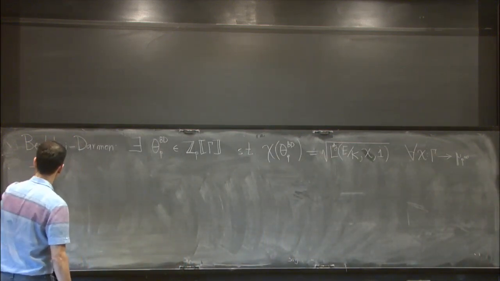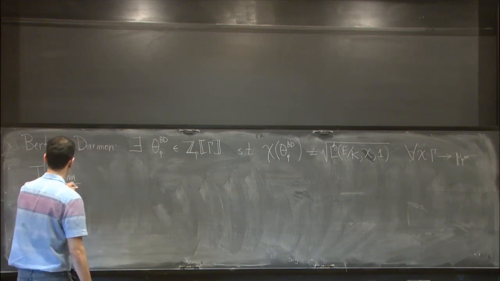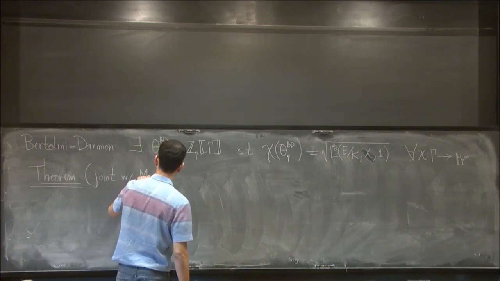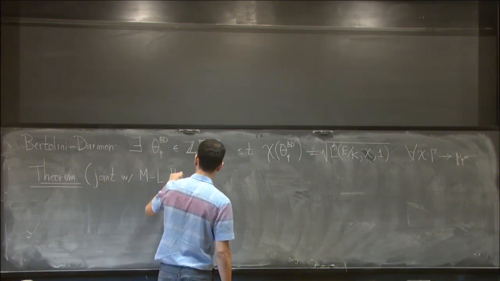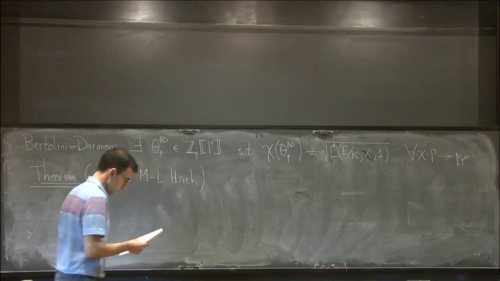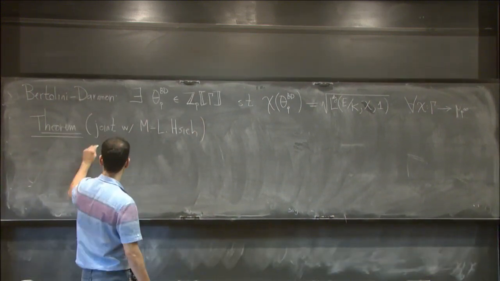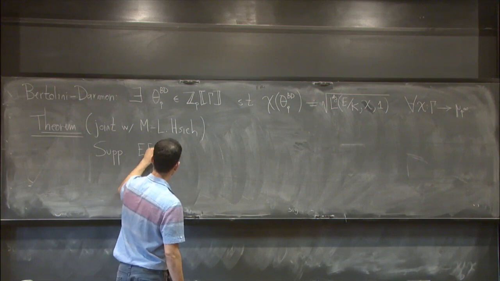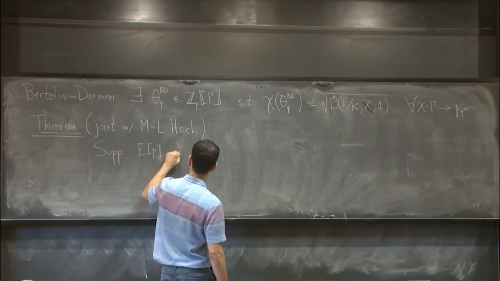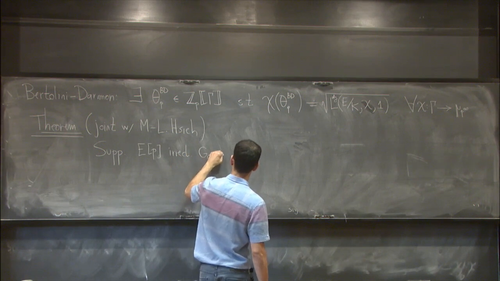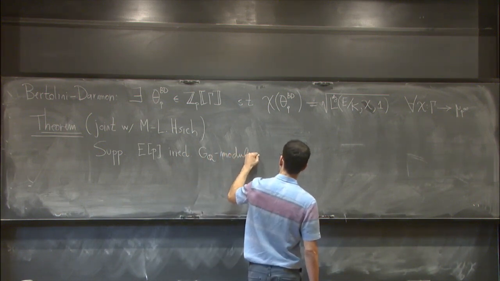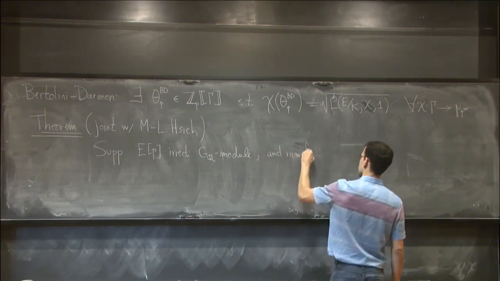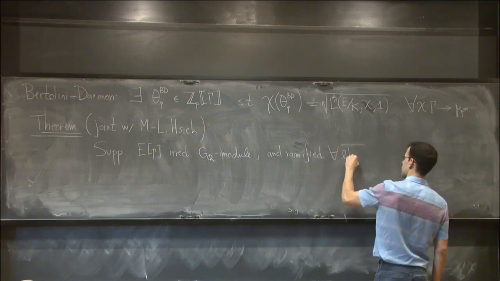So our theorem now can be stated as follows. This is joint work of John Ward with Minglung Xie. So suppose that the p-torsion of E is irreducible as a G_Q module, and ramified at all primes dividing N minus.